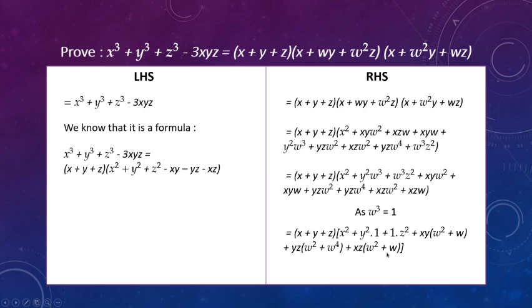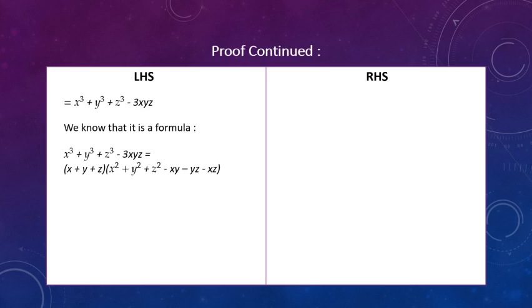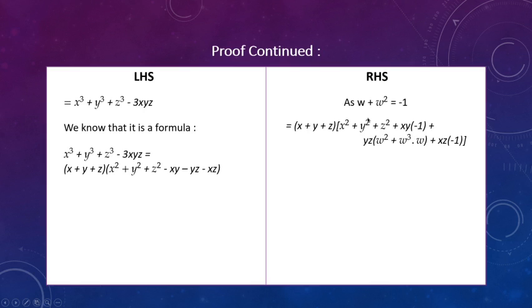As we know that 1 plus omega plus omega square is equal to 0, so omega plus omega square will be equal to -1. We have done this proof in the previous lecture. So our right hand side was x square plus y square plus z square.